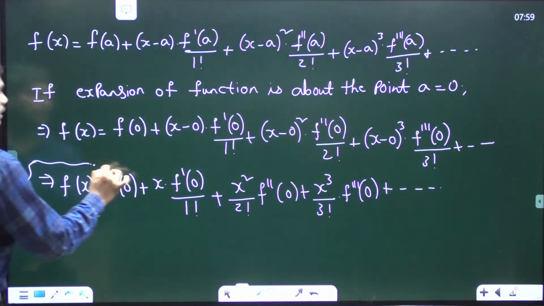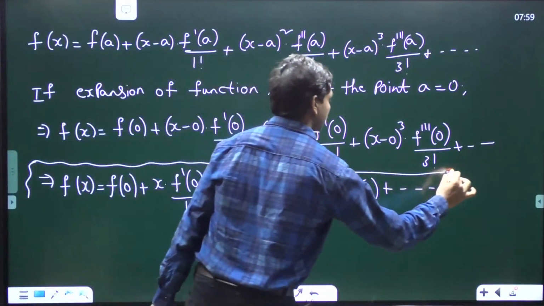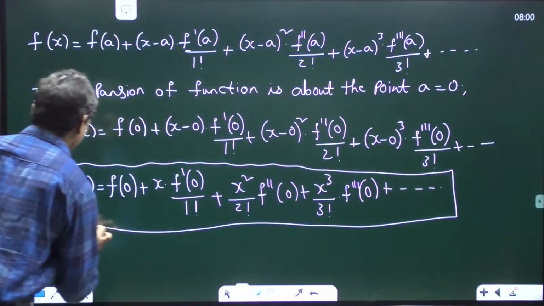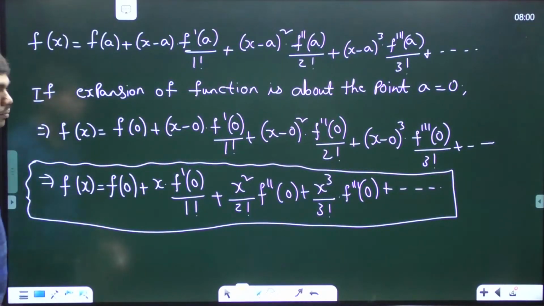So this is how your Taylor series looks when you expand the function about this particular point.